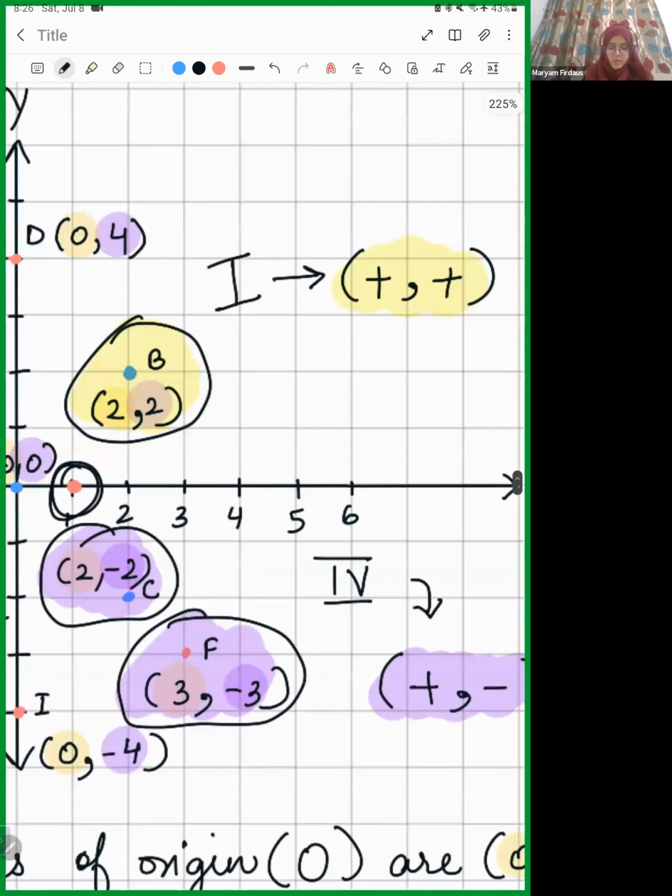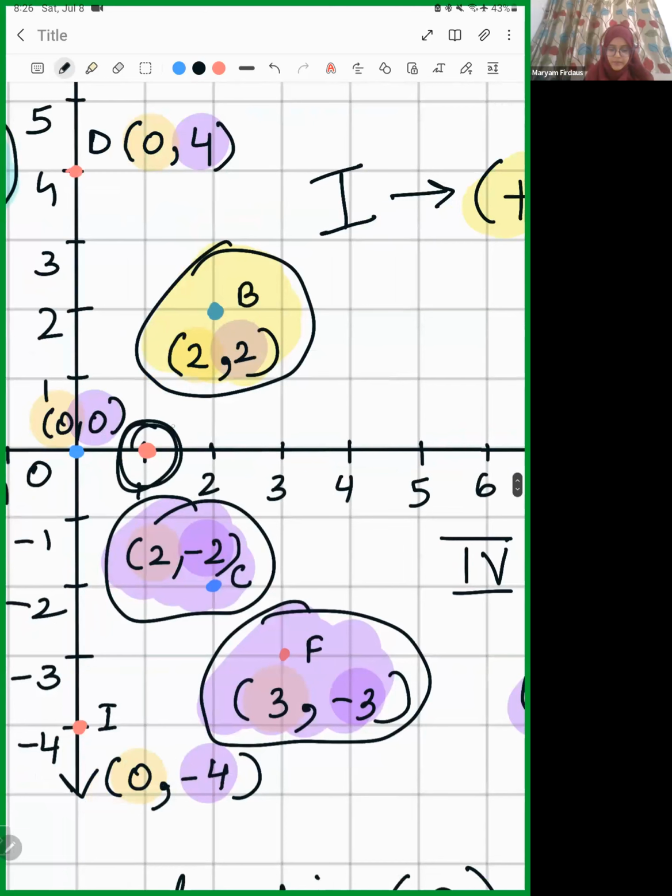What are the coordinates of this point? Yeah, please, Abdul Rahman. So the x abscissa would be 0. X will be 0.